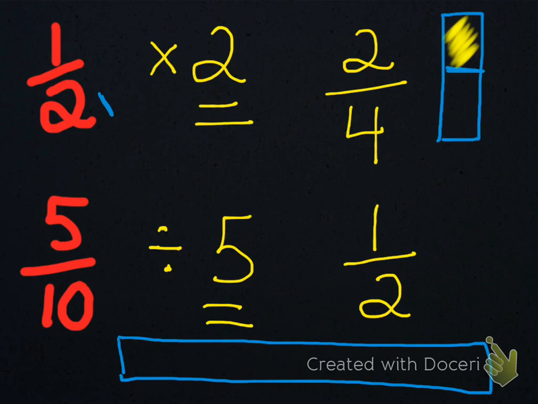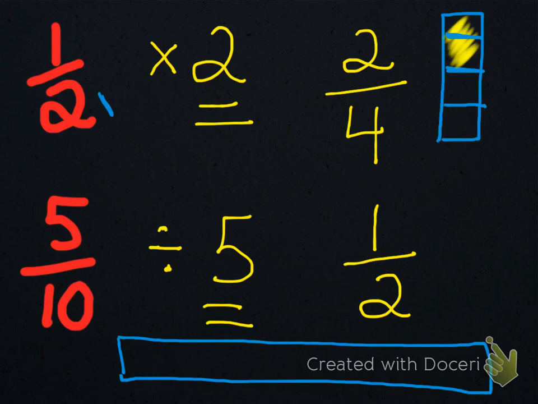Now, I can still take that same shape and divide it into fourths. So I would add another there and another there. Now I'm showing 2/4 because I still have the same amount shaded. 2 of my squares are now shaded out of the 4. So that shows you how 1/2 and 2/4 are the same.